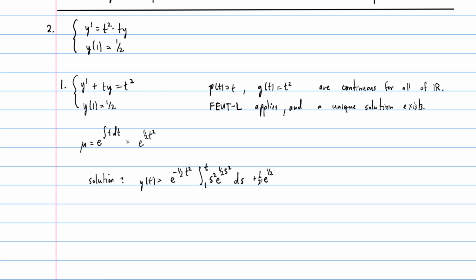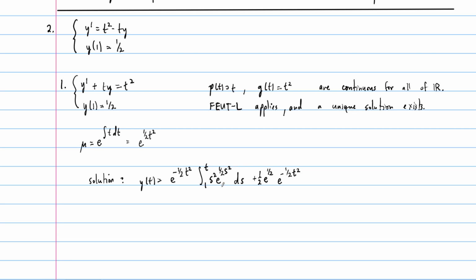So 1/2 e to the 1/2, times e to the minus 1/2 t squared. All right, and so when t is 1, this term is 0. When t is 1 here, these two cancel, and we're left with a half. This part's good. This part is not, right?